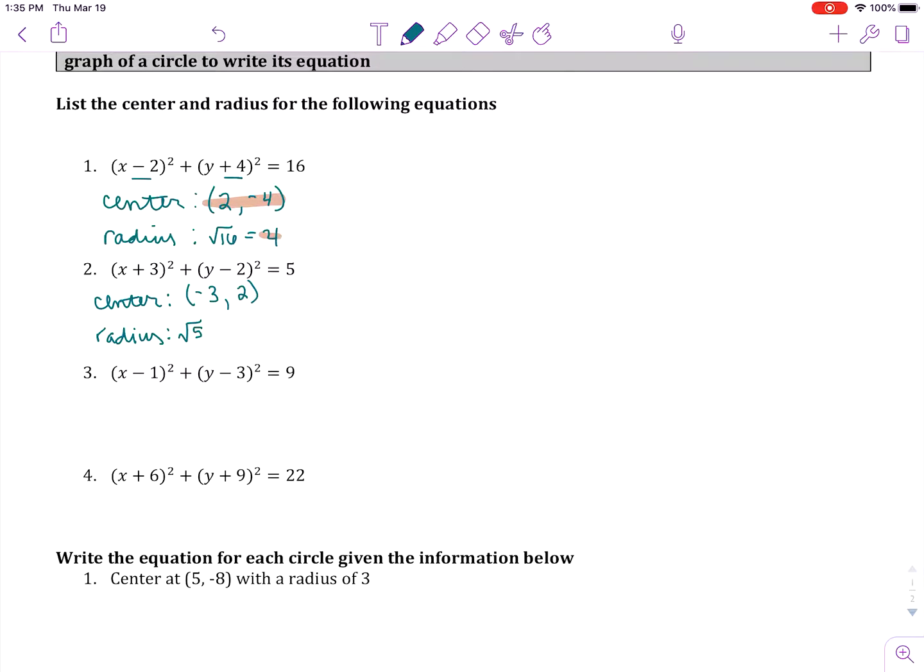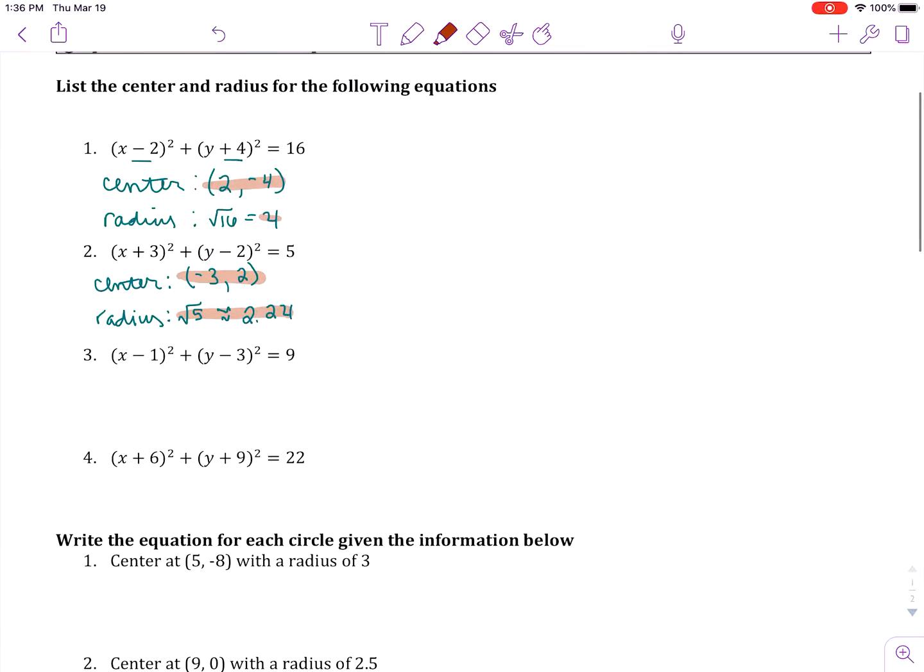Now I'm totally fine with you leaving this as the square root of 5. However, if you want to approximate it, that's fine too. So if I go to the nearest hundredth, 2.24, again, either way is fine.